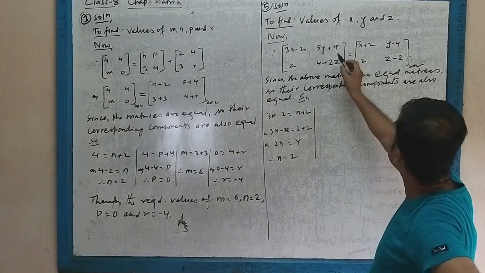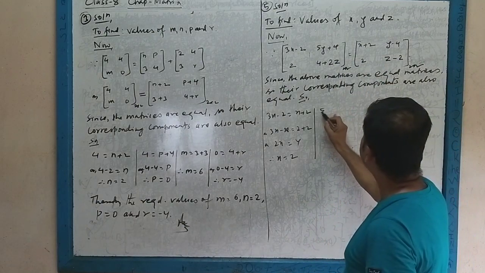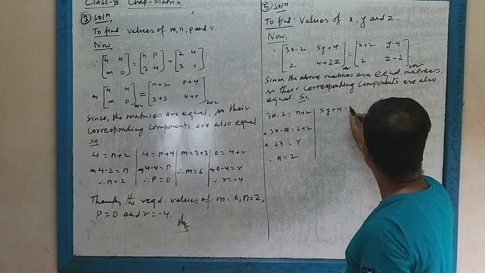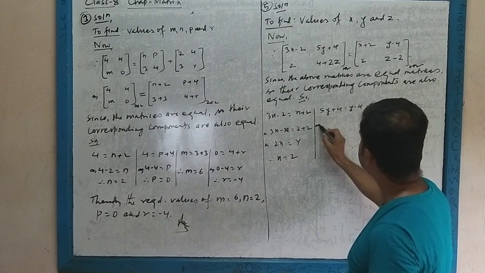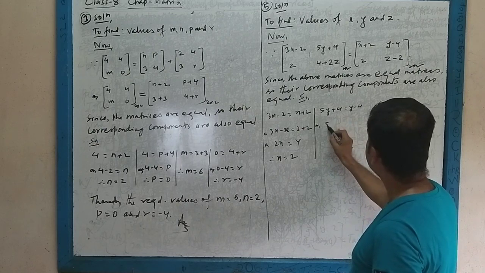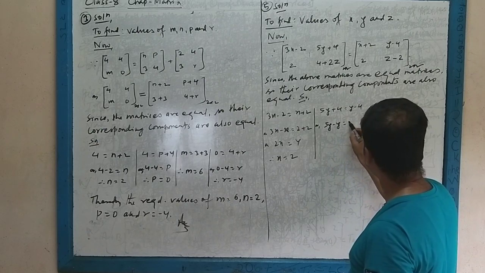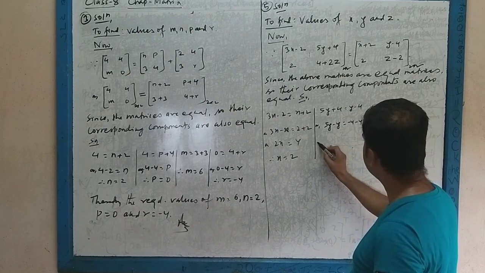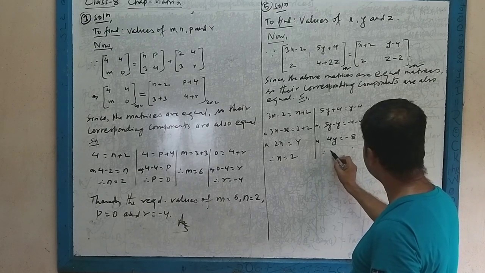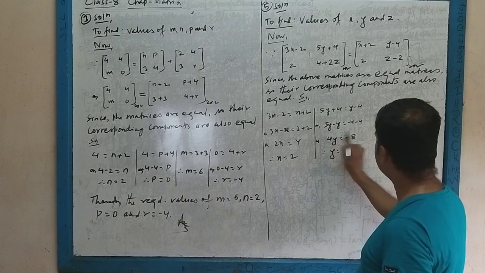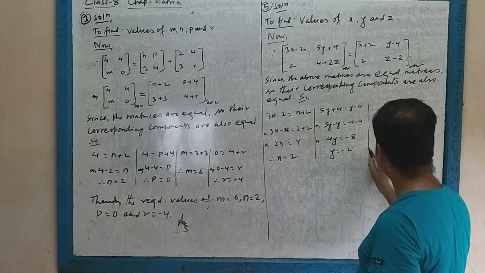Go for next. Let's go for y. 5y plus 4 equals y minus 4, or 5y minus y equals minus 4 minus 4, or 4y equals minus 8. Therefore, the value of y is equal to minus 2.